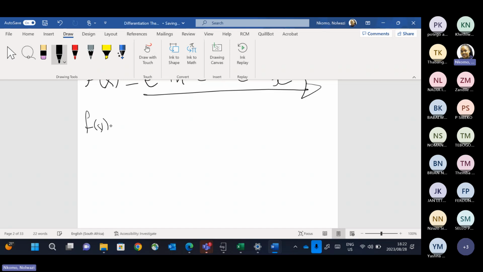f at x equals 30x squared plus 10x into 3x plus 2.